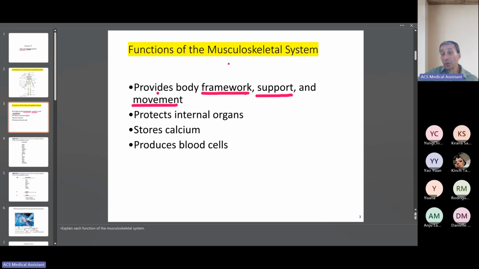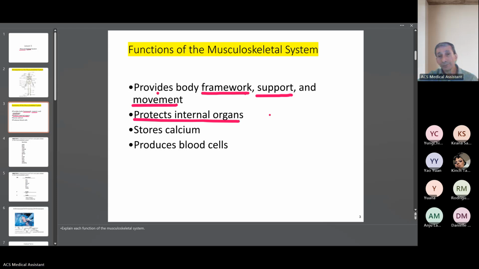If you didn't have muscles attached to the bones, you wouldn't be able to move either. So it's very important for us to make sure that we understand the function of all these systems. Protects internal organs. I already mentioned it. Muscles and bones protect internal organs.